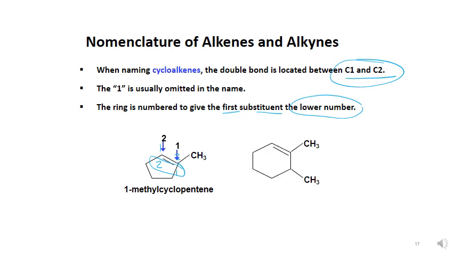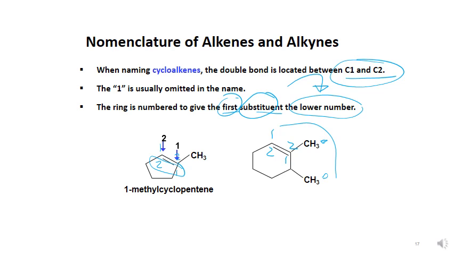Here's another good example. That's a cyclohexene. Where do we make the numbering start? Well, it's either 1, 2, or it's 1, 2. Which do you think? Well, the total numbers, if I went that way, would be smaller, right? You'd say 2,3-dimethylhexene. But remember, the ring is numbered to give the first substituent the lowest number.